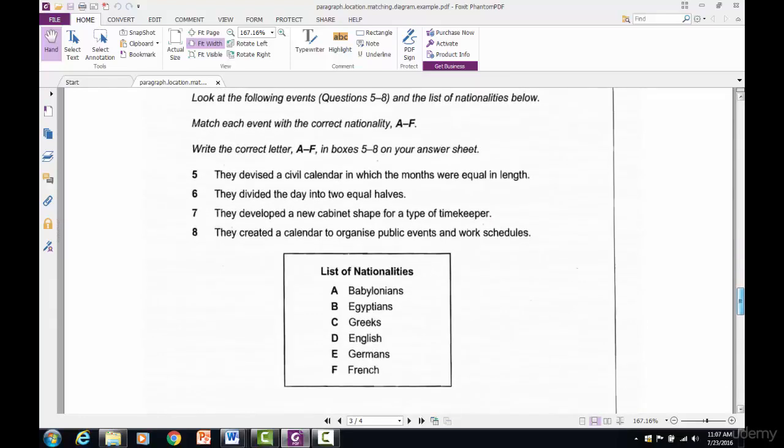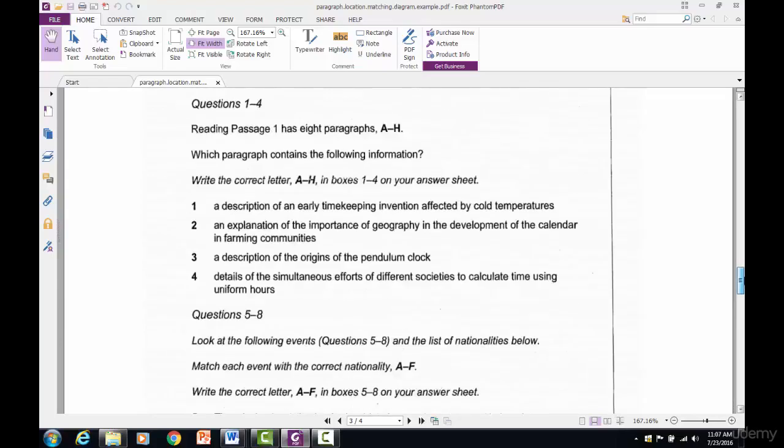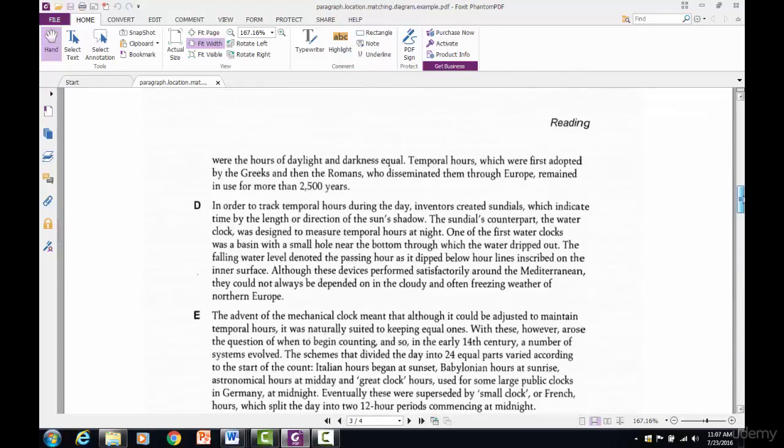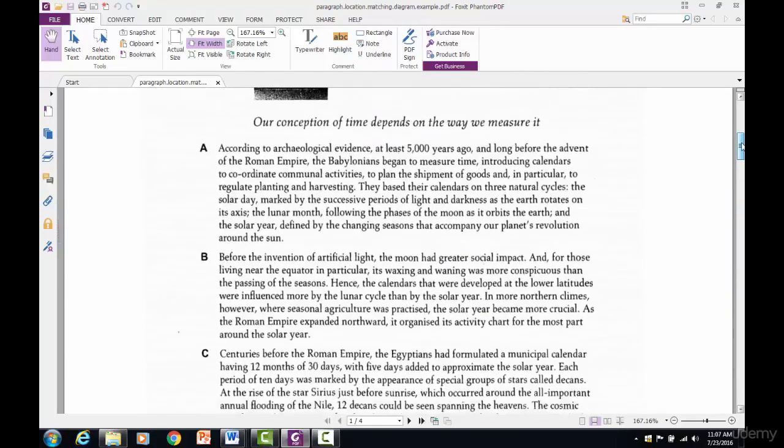And the good thing is these words in the box are going to be easy to find. Proper nouns, easy to find. Okay, here's Babylonians right here. And actually, as I'm scanning down, we see Egyptians right here. So let's read this sentence.